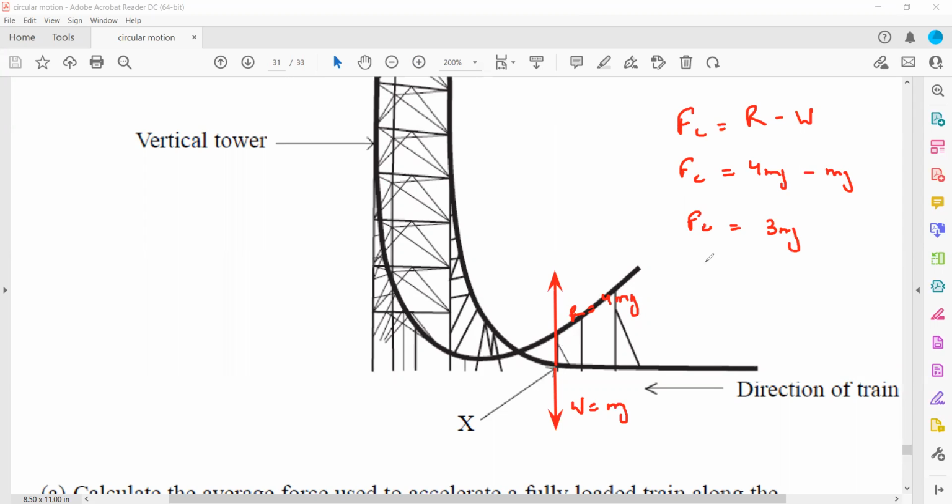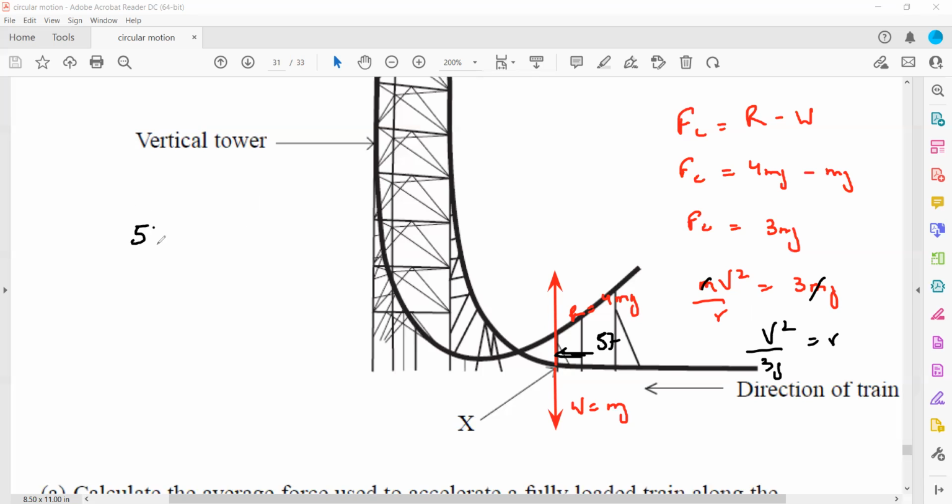And what about the centripetal force? The centripetal force is given by the formula mv squared over r. So mv squared over r is equal to 3 mg. Now when we simplify this equation, m will cancel with m. We need the radius, so it will be v squared over 3g is equal to r, where v is the speed at which the train was moving, that is 57.